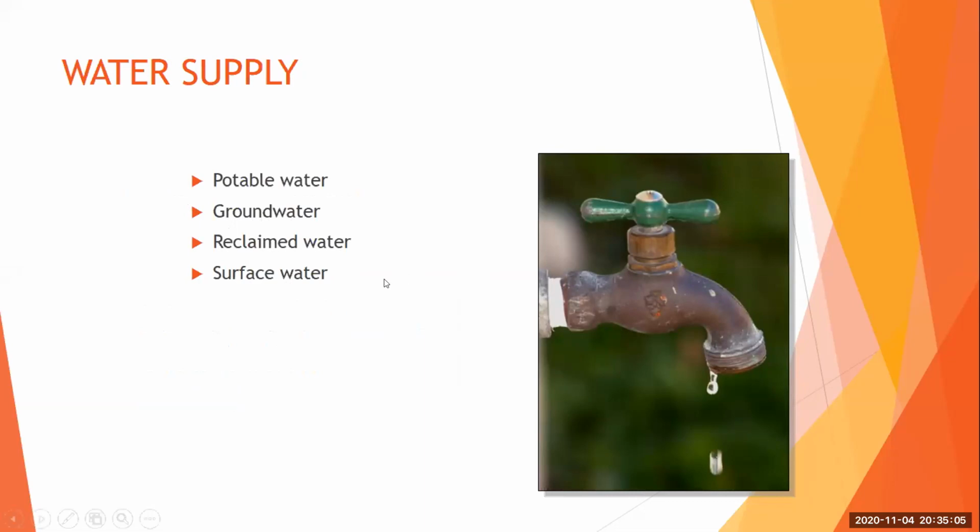Purple, exactly. Reclaimed water has some problems. Do you know what could be one of the problems? Pressure. Sometimes you have a high concentration of salt in the water, so that could be a problem also.